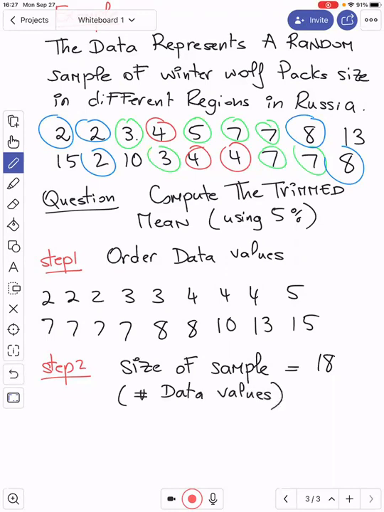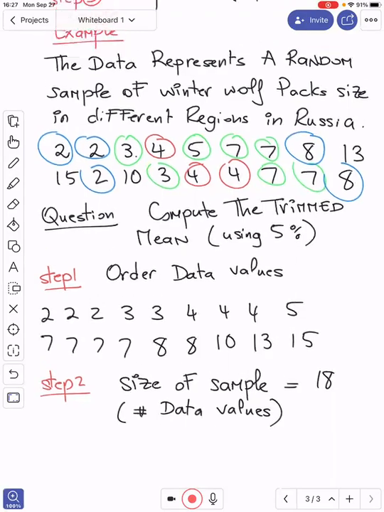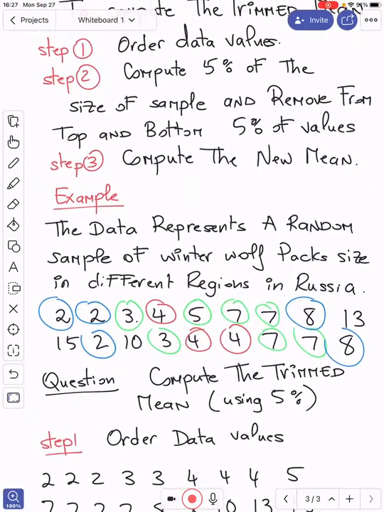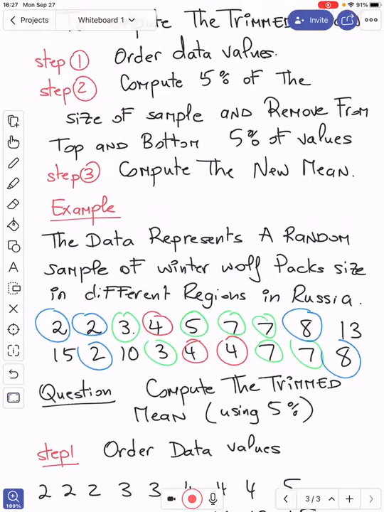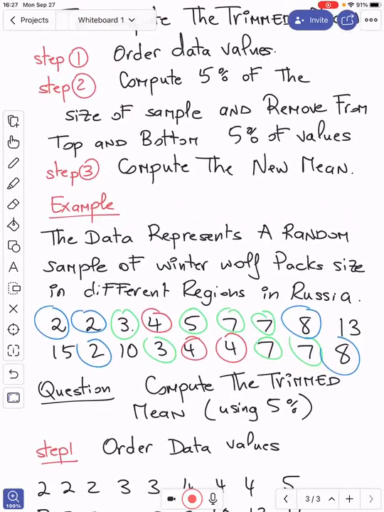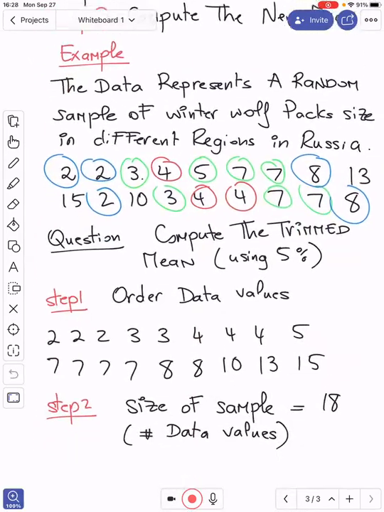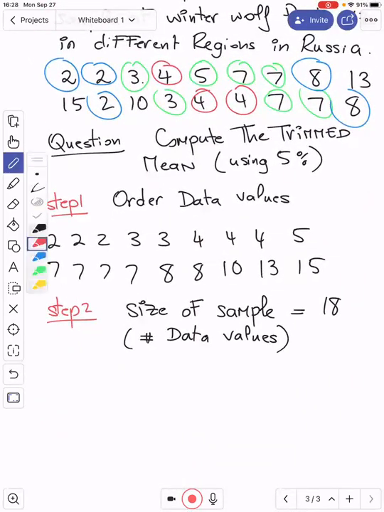Okay, now I need to compute 5% of the size of the sample, right? So what will be 5%? Again, guys, when I say 5%, it's just 5 over 100. All right, so now we compute 5% of the size of the sample.